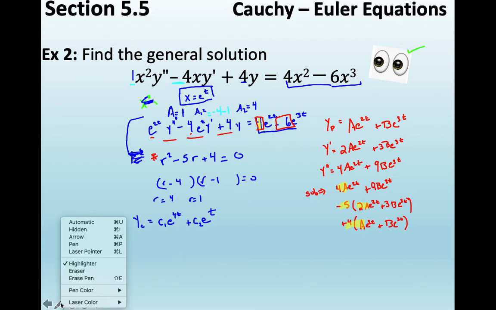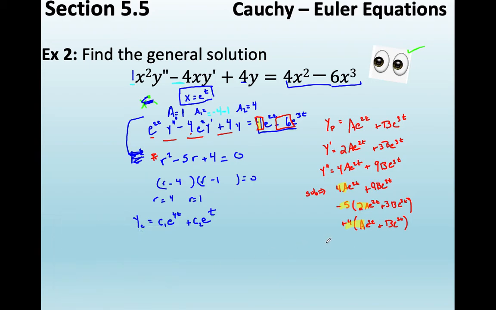And then 9b and negative 15b and 4b is all going to be equal to negative 6.